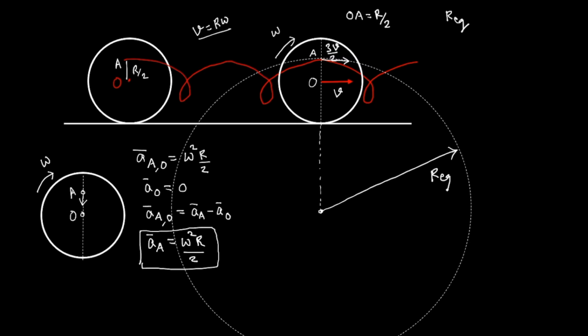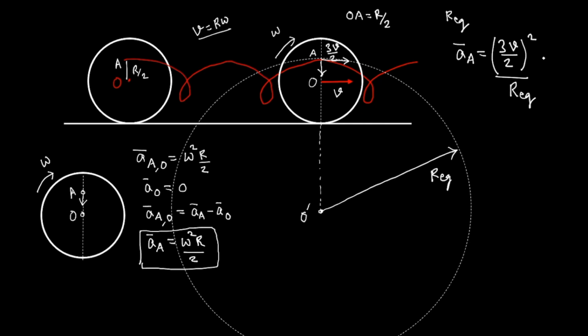In the ground frame, you can assume point A to be moving on this circle at this instant of time. So what is the acceleration of A if you observe from this center? With respect to O dash, it is V square upon R, again the centripetal acceleration only. The velocity is 3V by 2, so (3V/2) square upon R equivalent, isn't it?